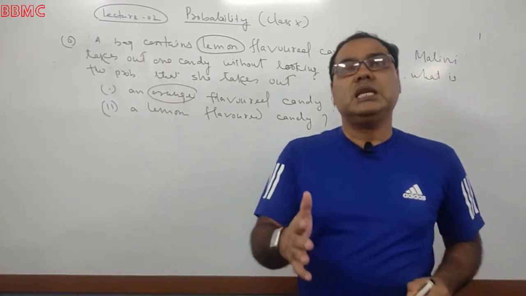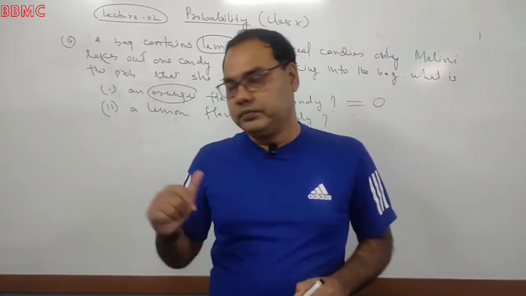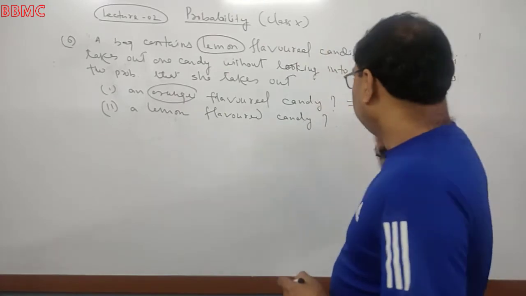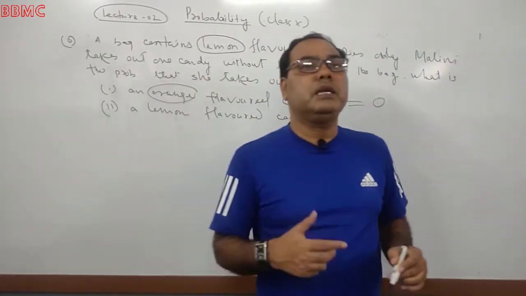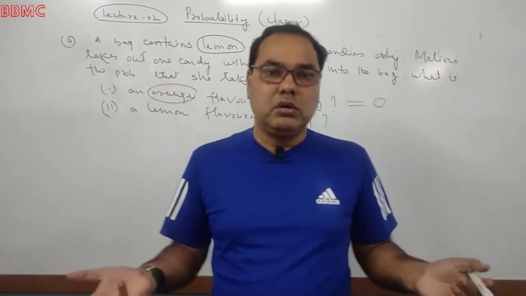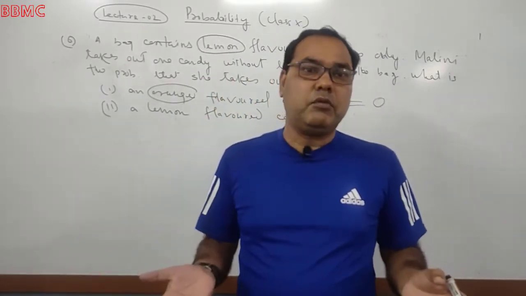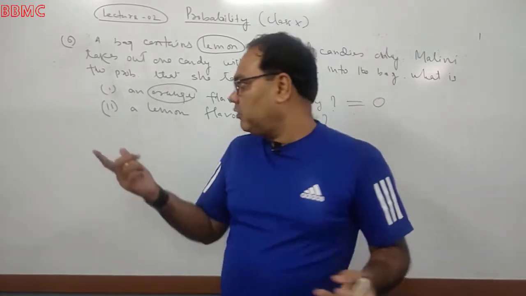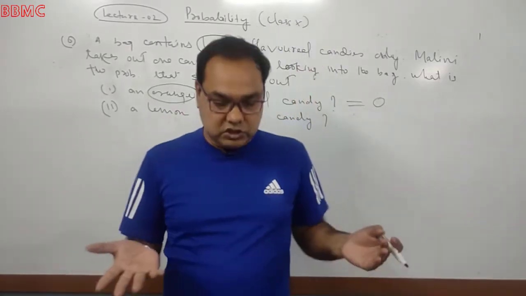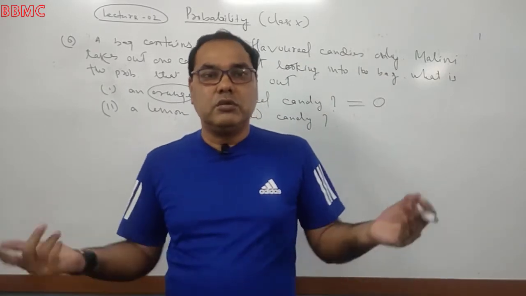0, because it is an impossible event. And the probability of taking out a lemon flavored candy? It is sure, because the bag contains lemon flavored candy. So if anybody wants to take out lemon flavored, then they are sure he or she will get it.